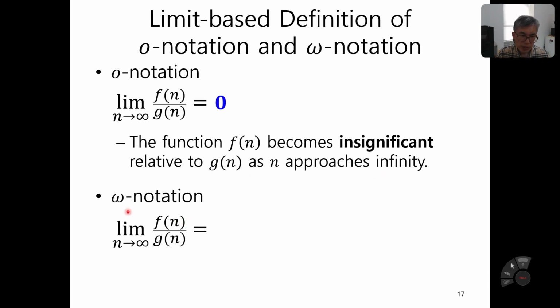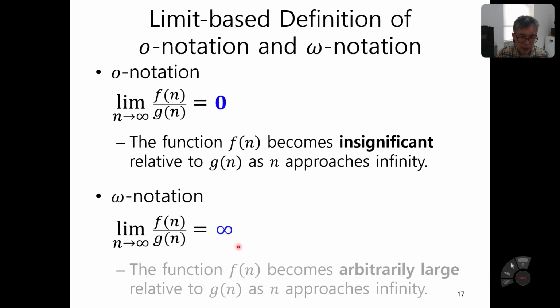On the other hand, in the little omega case, f(n) is of higher order because g(n) is a lower bound. We cancel some polynomial terms, and as n goes to infinity, the ratio goes to infinity. So the function f(n) becomes arbitrarily large relative to g(n), because f(n) is a higher-order polynomial than g(n) as n approaches infinity.